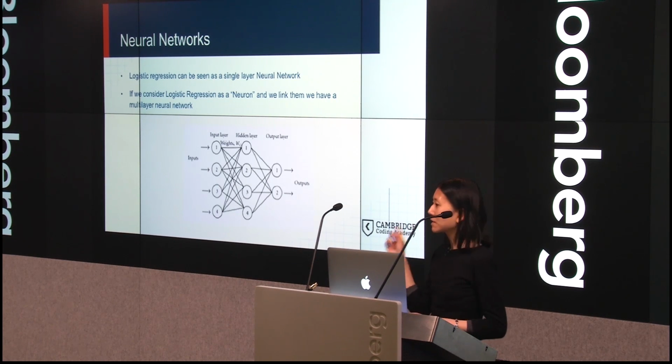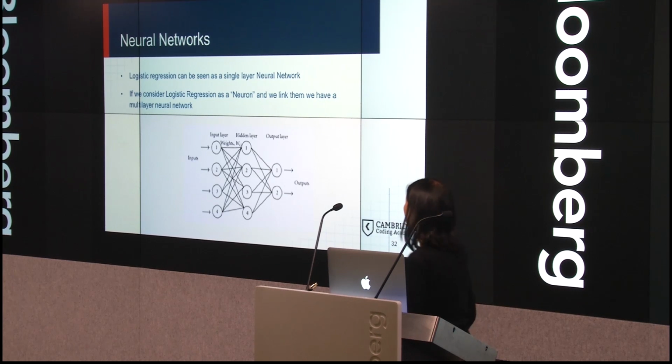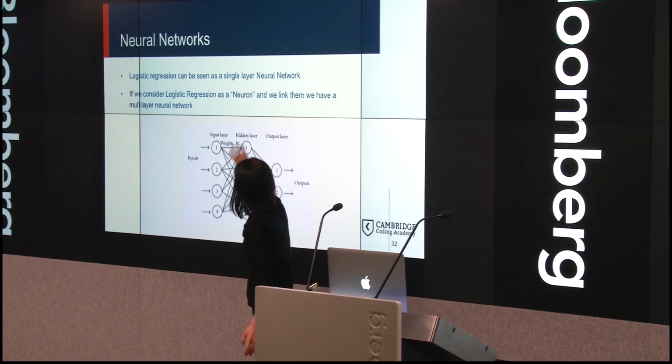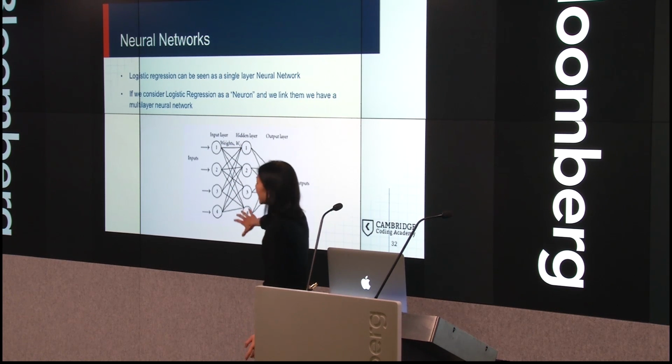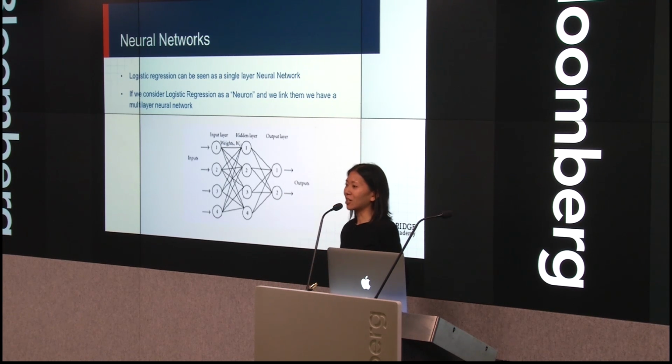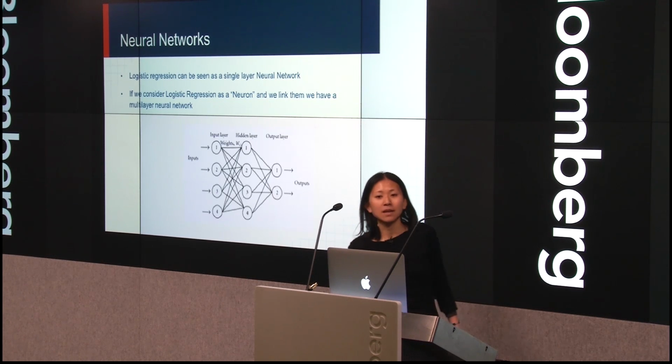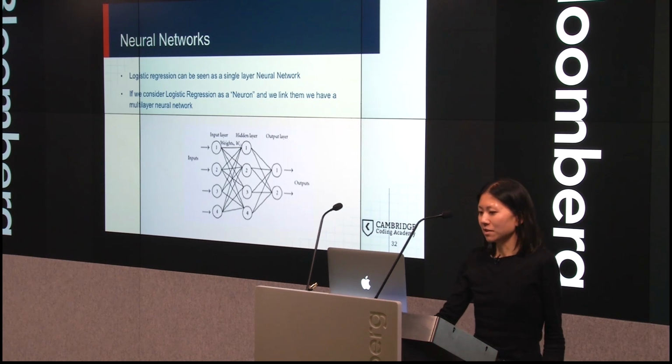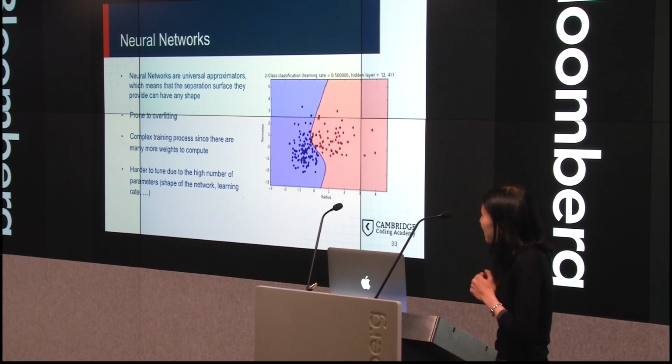If you just had a single layer, it would be just like logistic regression. But the non-linearity lies in there. Unfortunately, just like with SVMs, that's also what makes it a tricky model to understand and to tune. So that is an issue with neural nets.